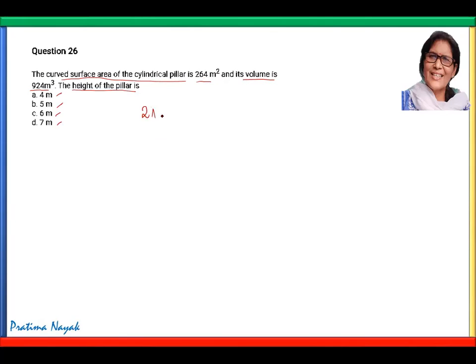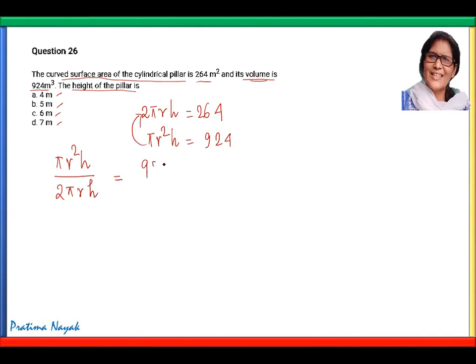So 2 pi r h is equal to 264, and the other expression is volume, pi r square h is equal to 924. Now what I'll do, I'll divide here: pi r square h divided by 2 pi r h, and automatically here I'll write 924 divided by 264. Why am I doing this?